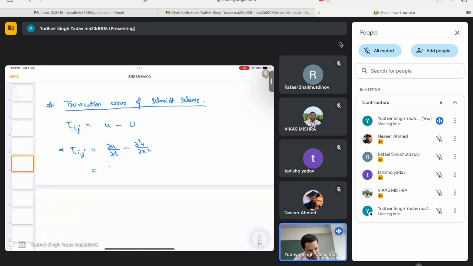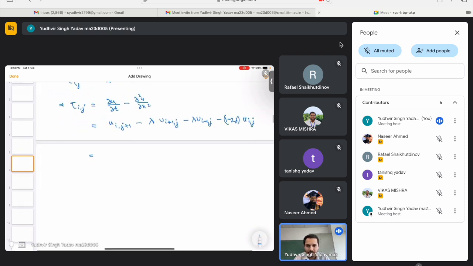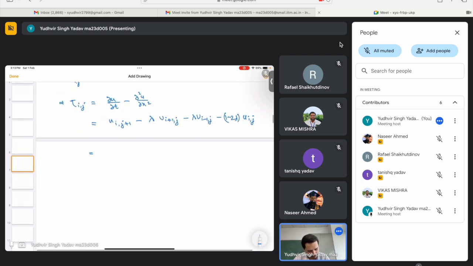So the explicit scheme is, or it can also be written in terms of x and t.